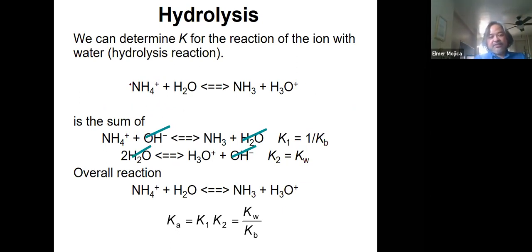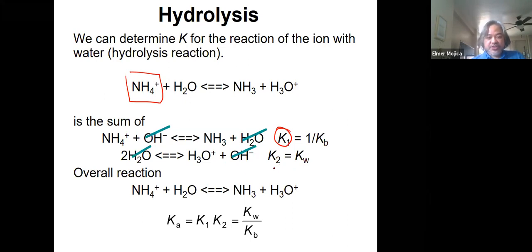So let's say we have ammonium ion reacting with water, giving us ammonia and hydronium ion. That reaction is just the sum of two reactions: the Ka reaction, because you have an H3O+, and the reverse of the base reaction, which gives 1 over Kb because you have the hydroxide, together with the one that has the Kw.